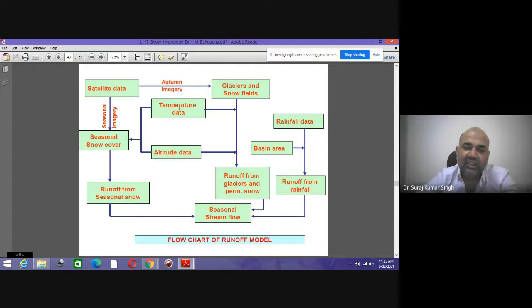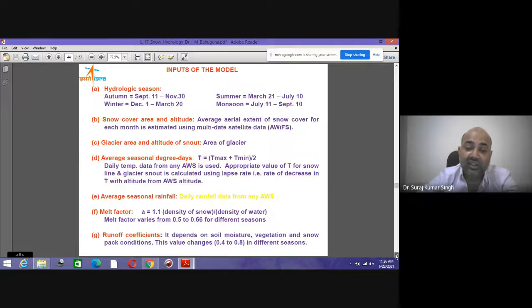Not only satellite data, but temperature data, altitude data, rainfall data, and basin area will all be taken into consideration to create the total amount of runoff generated from the precipitation. And finally, by running this data, the different glacier models will be generated.